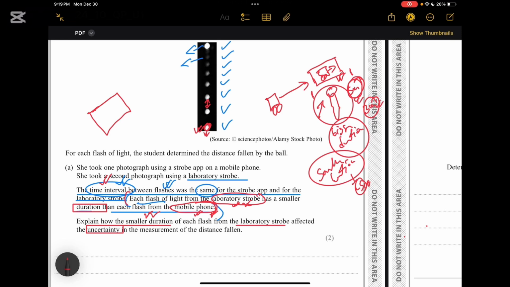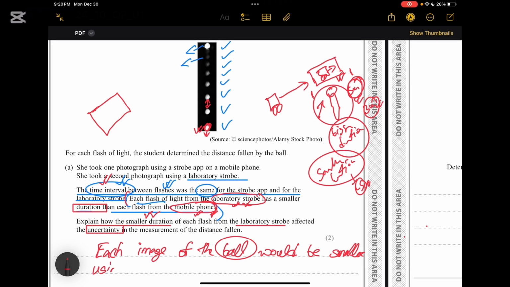So let's write down. We can write: each image of the ball would be smaller using the laboratory strobe. Don't write the car, because I have used the car in order to help you understand.